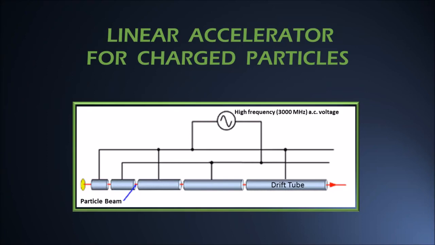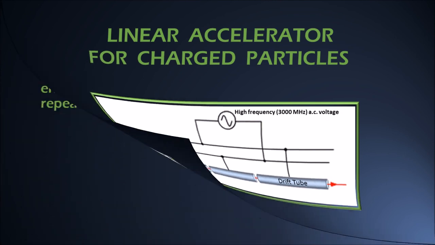In this video, I am going to share with you how a linear accelerator can be used for giving more energy to charged particles. Regarding that, first of all, let us understand what is the principle on which this linear accelerator works.